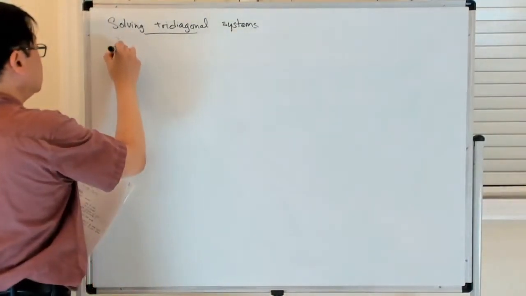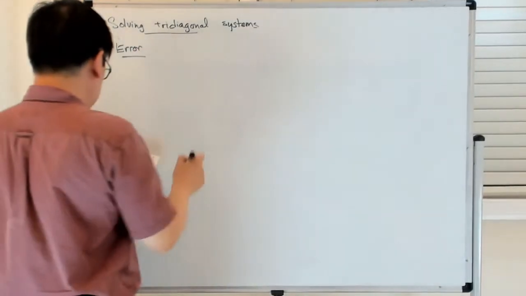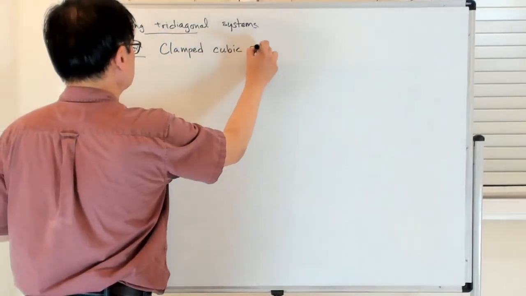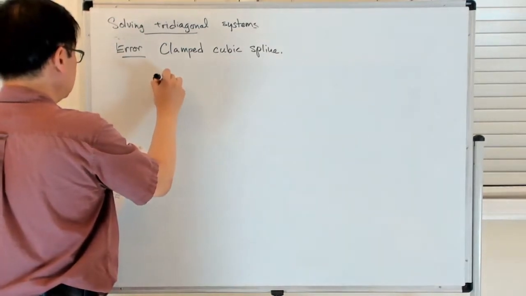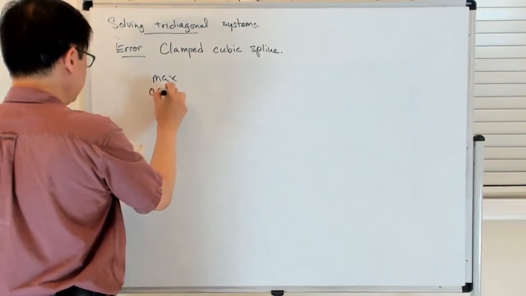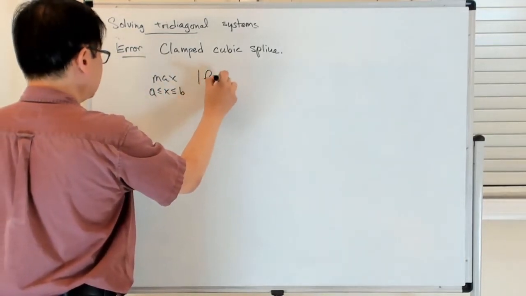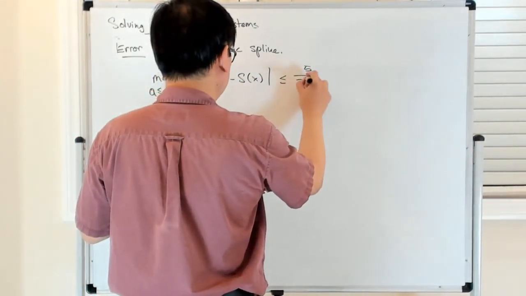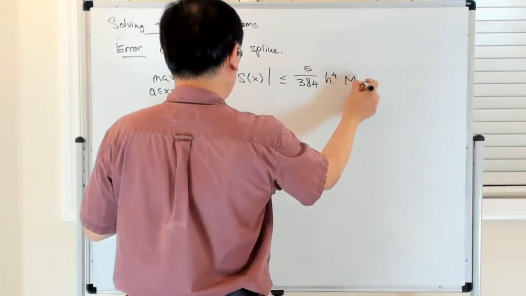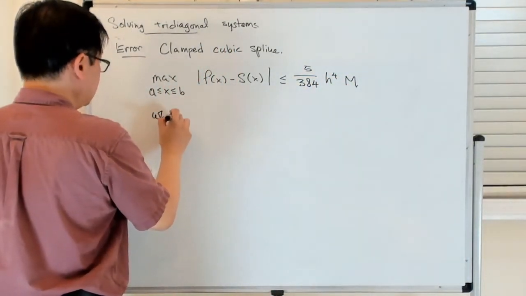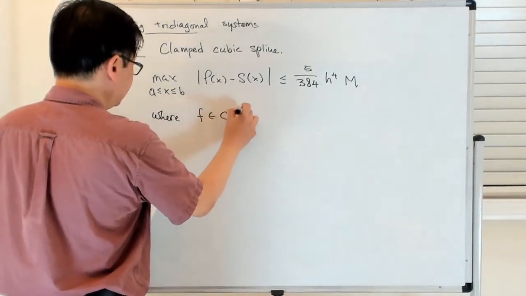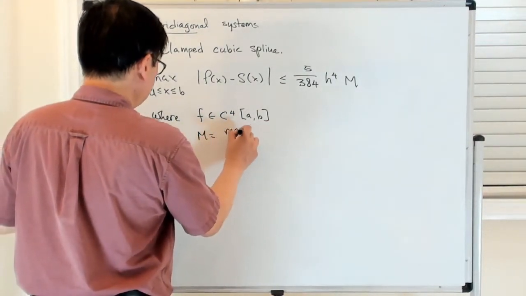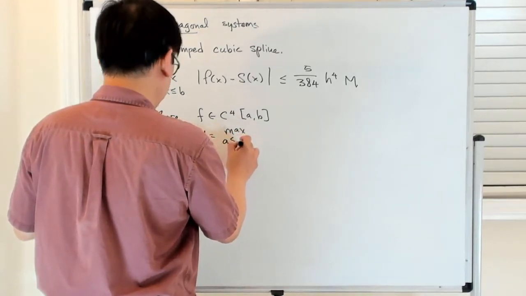All right. So the error for clamped cubic spline is, if you look at the max error between a and b of f of x minus s of x, this is less than or equal to 5 over 384 h to the 4 M, where we need that f is at least 4 times differentiable on the interval, and M is the maximum of the fourth derivative on that interval.